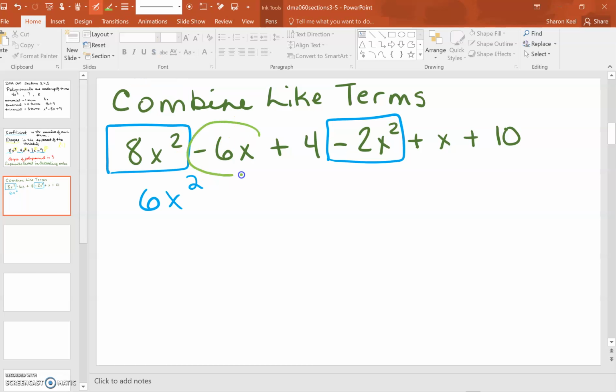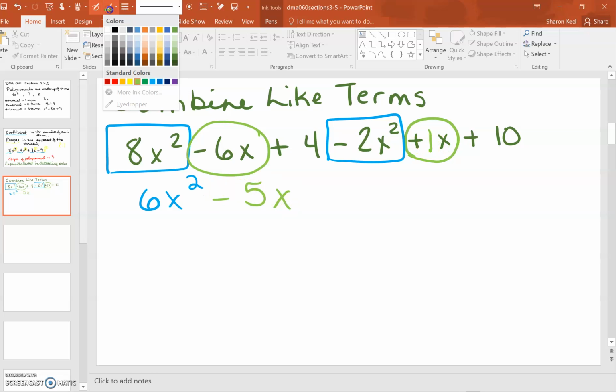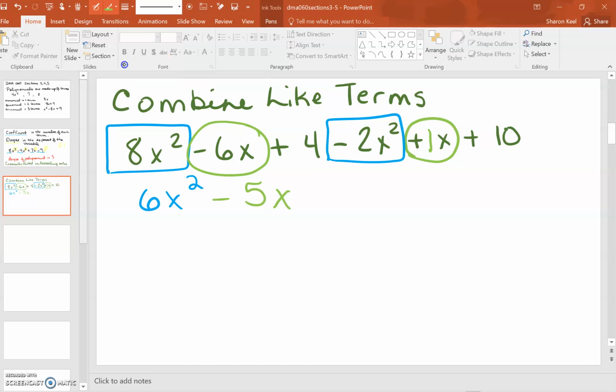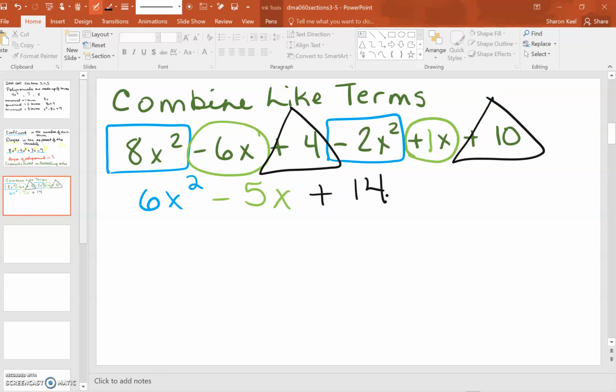A negative 6x plus, now there's no number here, it's an understood 1. So negative 6 plus 1 would give me negative 5x. And then my last terms here are a positive 4 and a positive 10. 10 plus 4 gives me a positive 14. So what I have done is I'm combining like terms, okay?